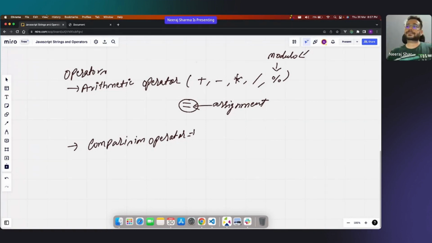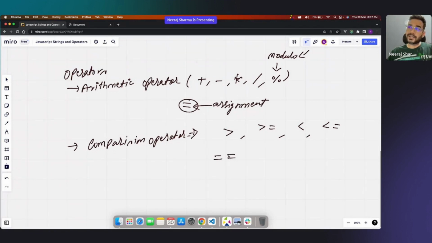Now I was talking about comparison operators. Comparison is what we do in maths all the time, right? Is it greater than? Is it greater than or equal to? Is it less than? Is it less than or equal to? Is it equal to? When we say equal to, we use the double equals operator.